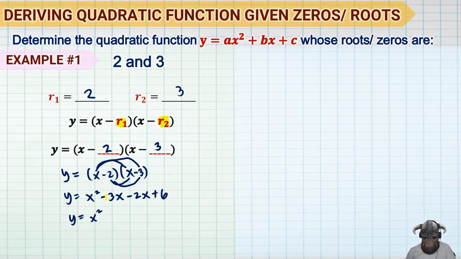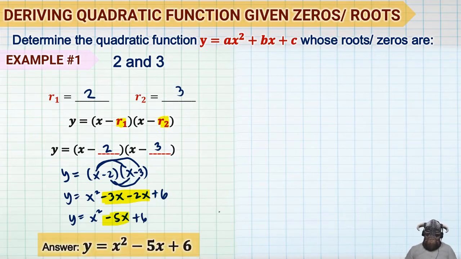In this case, we can combine negative 3x minus 2x because they are similar terms. Negative 3 minus 2 will become negative 5x. Next, we'll just copy positive 6 or plus 6. So, the answer for this example is the quadratic function y is equal to x squared minus 5x plus 6. Gets po?